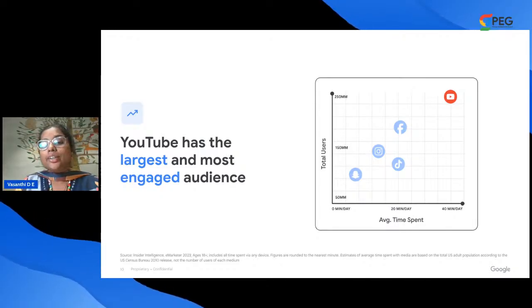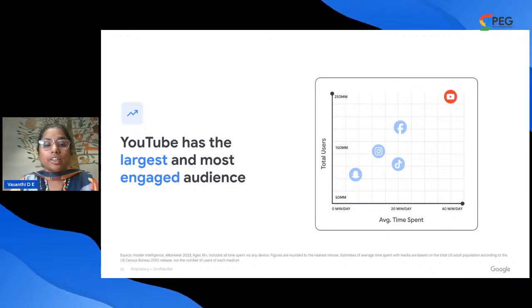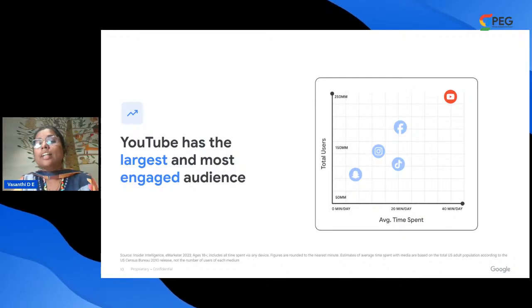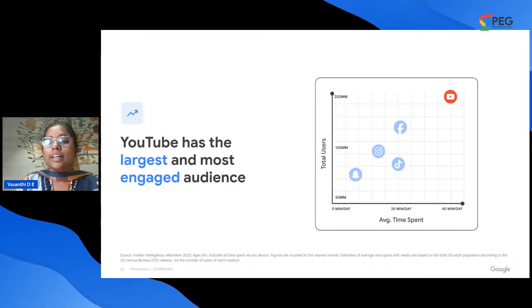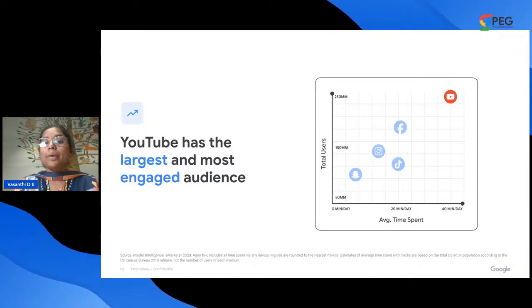And crucially, users are spending significant time on the platform. The average time spent on YouTube is significantly higher than the other platforms, which you can also see on the screen. This means users are not just passively browsing, they're actively engaging with the content. They are watching videos, exploring channels, and also discovering new creators and brands and products wherever they want to.